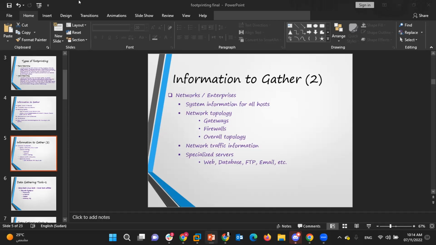What can an attacker perform to do this footprinting? This information should also be gathered. We talk about system information for all hosts, and network topology, like the gateway, firewall, overall network topologies, and network traffic information.